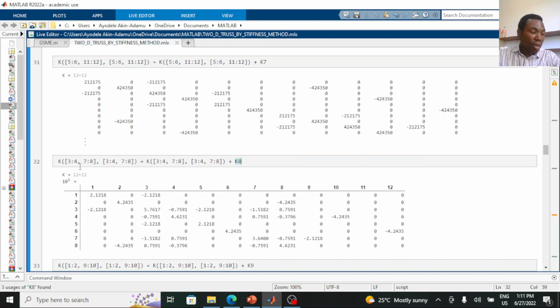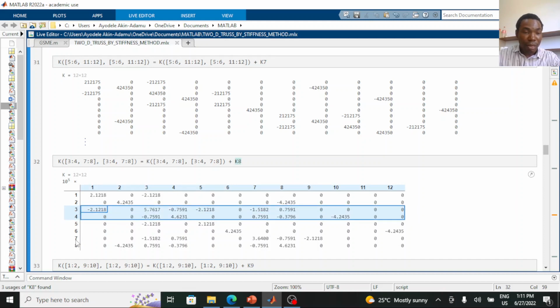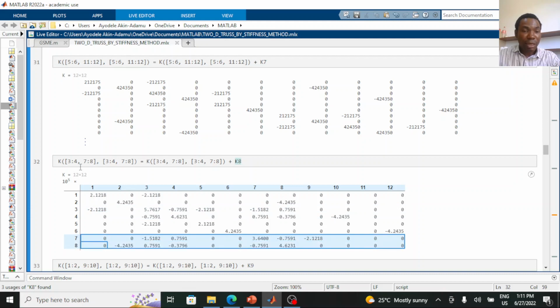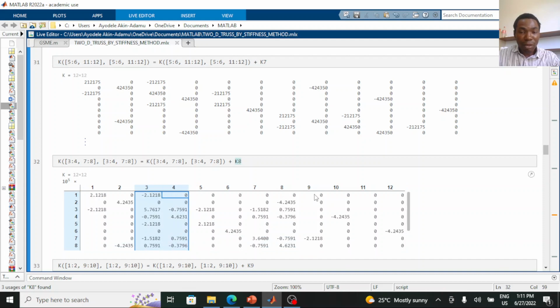It means along the row at degrees of freedom 3, 4, 7 and 8, and along the column at 3, 4, 7 and 8, add K8. So K8 is added at that position.